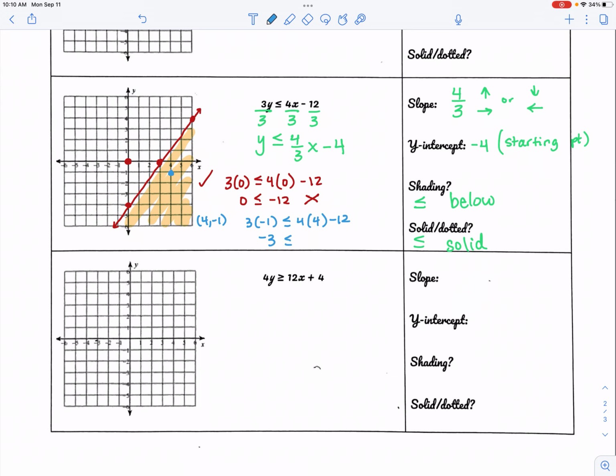This is -3. 4 times 4 is 16, minus 12 is 4. Is -3 less than or equal to 4? Yes. So I know that I've shaded in the correct direction. So you can choose points either to prove that you've shaded correctly by it being a false statement, or picking something in the shaded region to prove that it's a true statement.